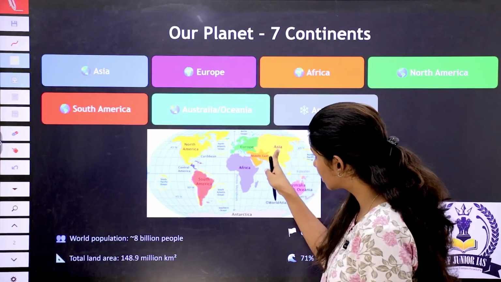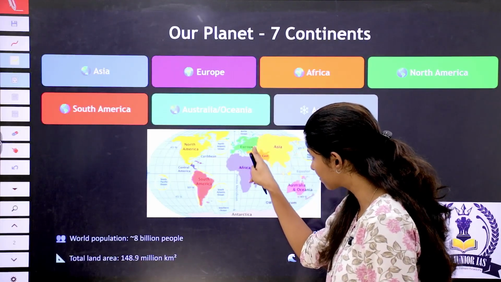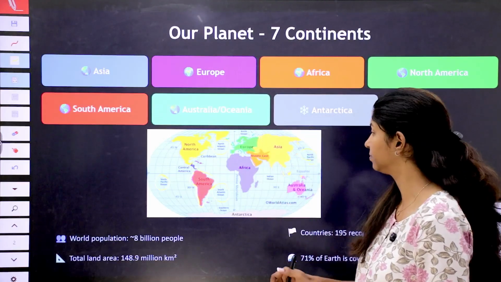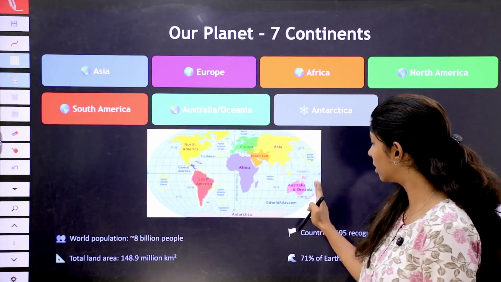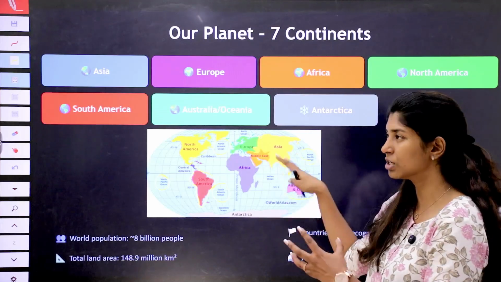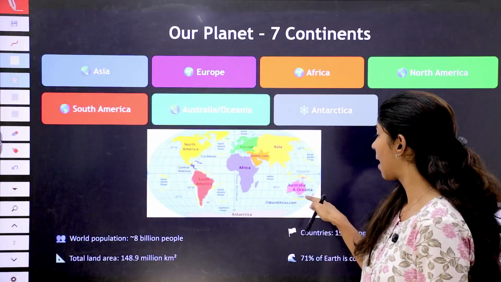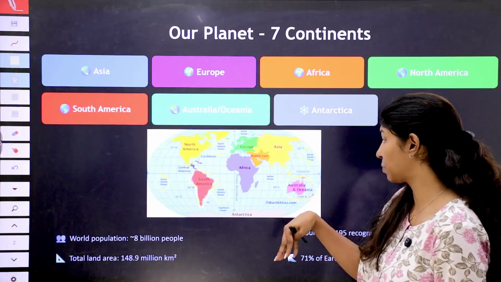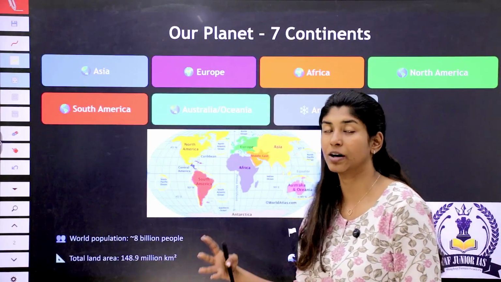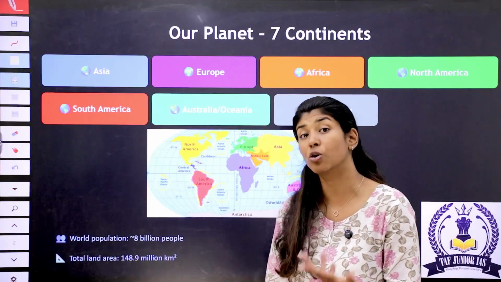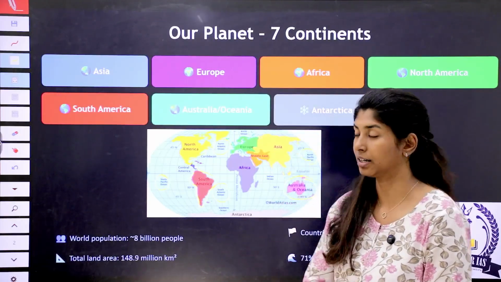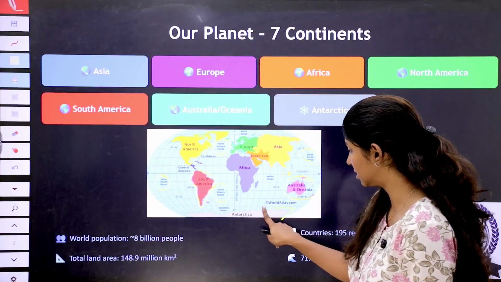Because although it is 2 continents, we still have a landlocked boundary. Then we have Australia and Oceania, because it's mainly surrounded by ocean on all sides, and that is why Australia is both an island and still a continent. Australia is kind of the only island which is also a separate continent. Then we finally have Antarctica.